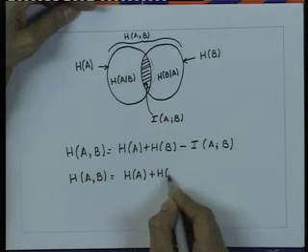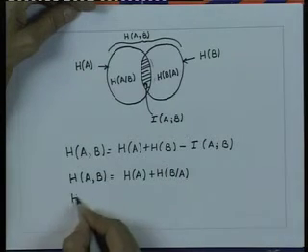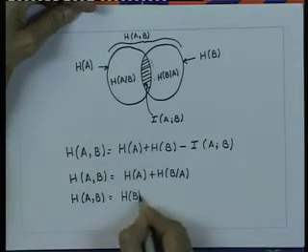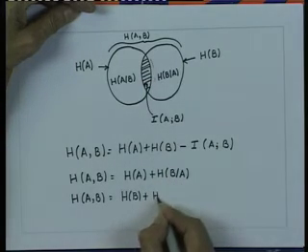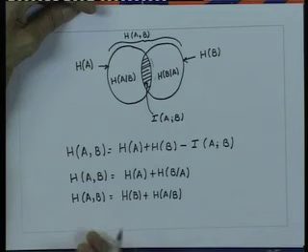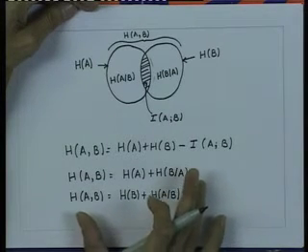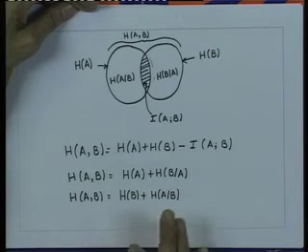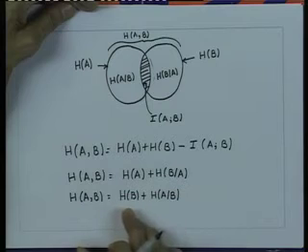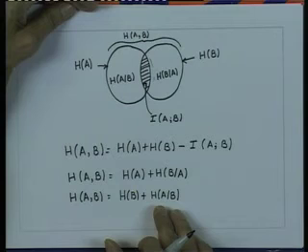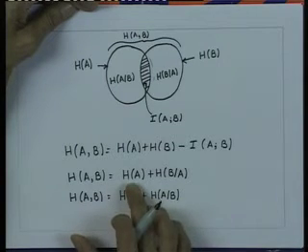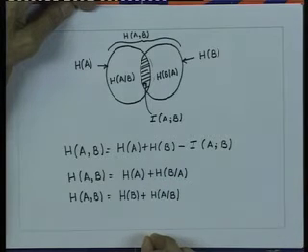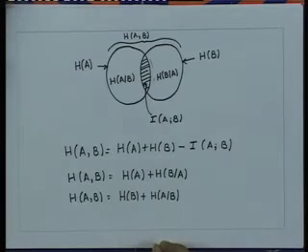So, that is H of B given A, and similarly H of A B is equal to H B plus the remaining portion out here, that is H of A given B. The physical interpretation of this is very easy to see: the uncertainty of the joint event A and B is equal to the uncertainty of B plus the uncertainty of A given B has been observed, or it is also equal to the uncertainty of the event A plus the uncertainty of the event B given A has been observed.